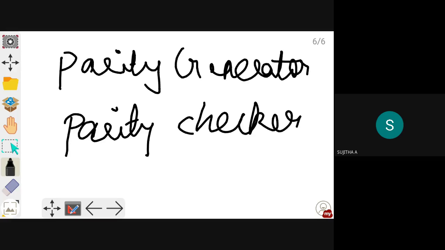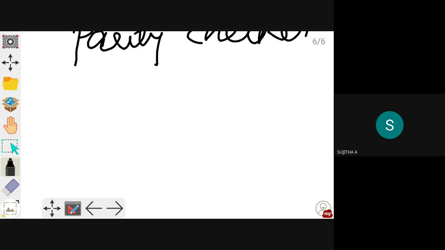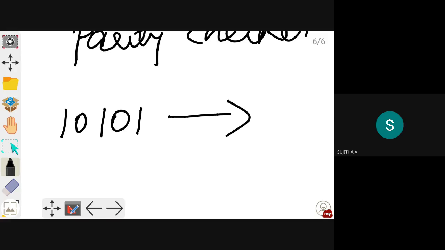So next we are going to design a parity generator and parity checker. So before designing this, we need to know what is meant by parity. So parity means, for example, you are transmitting this bit to a long distance.